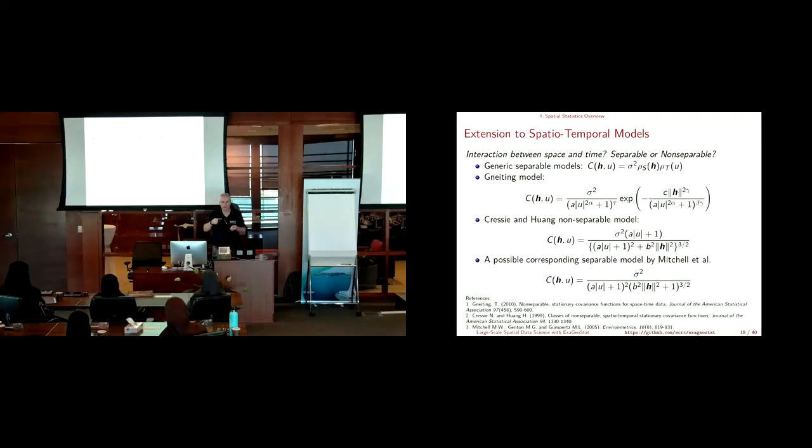So every hour they record a pollutant, and then the data are space-time, right? Then you're interested in forecasting, for example, at a new location, what would be this pollutant? What's the best guess for the value of this pollutant?